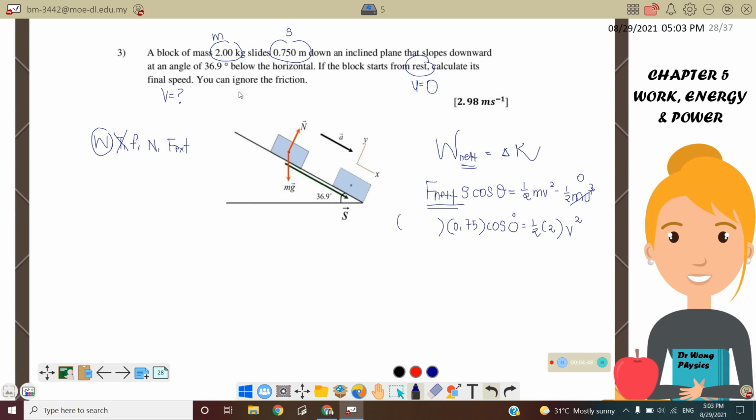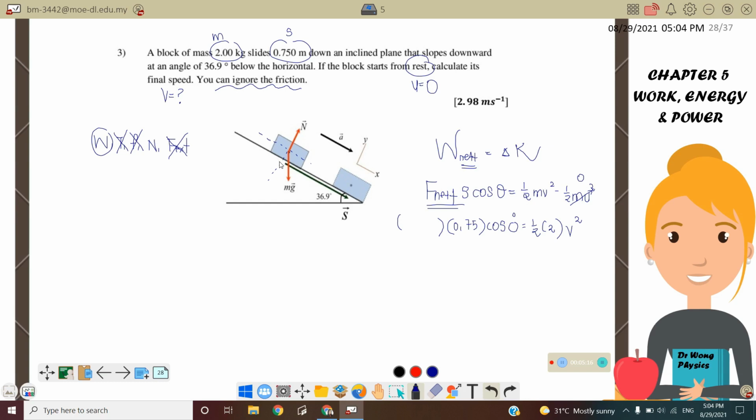Frictional force, the question already told us to ignore the friction, so we don't have friction. Normal, we already drew. And F external we also don't have, because there is no pushing or pulling force. Meaning that this object only experiences 2 forces, the normal force and the weight. So we need to draw this, the free body diagram for the object.